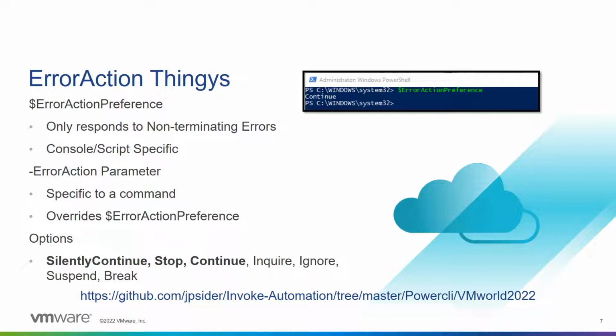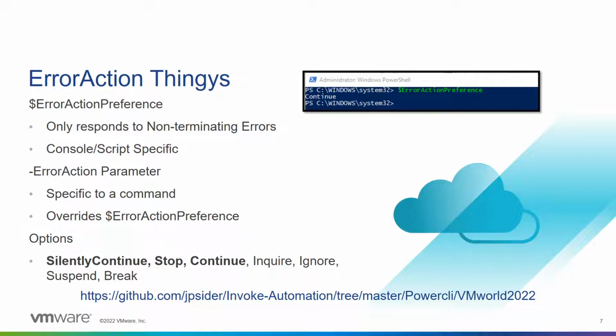If you type out ErrorActionPreference and hit return, it's going to tell you what the default is. Generally speaking, if you've done nothing with your PowerShell profile, your default behavior is Continue, which is fantastic. That means that if you have a non-terminating error, we're going to continue on and run your script.